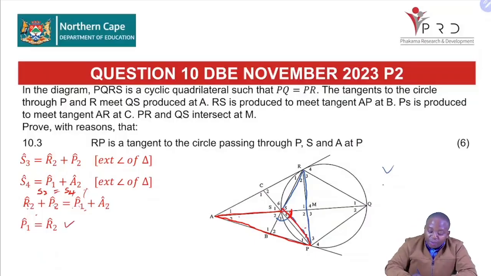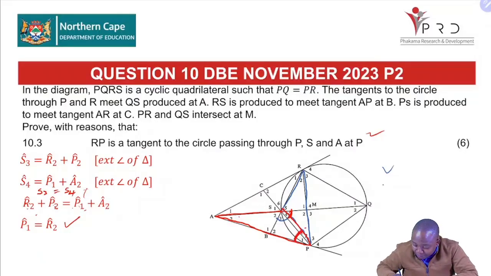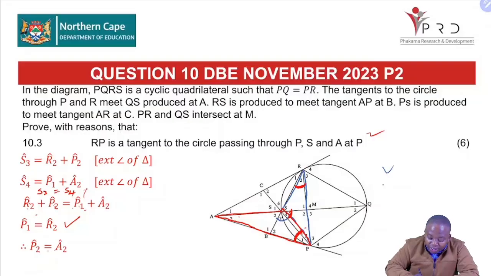So that's why we can now conclude that we have a tangent passing at that triangle. So P1 is now equal to that value right there. Then therefore P2 again is equal to A2.